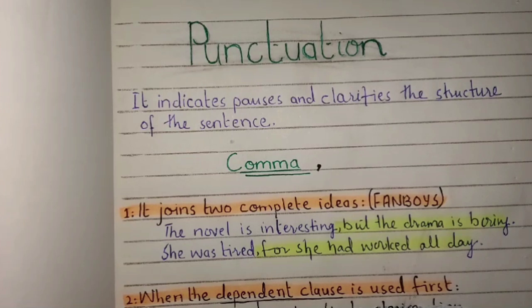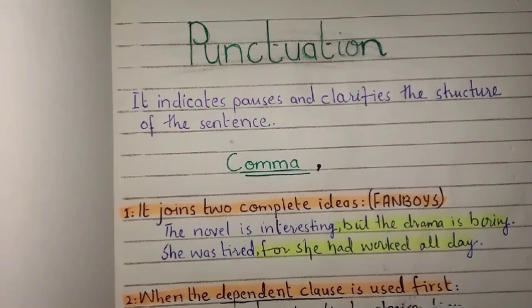This is our second independent clause. Okay, now these both independent clauses are joined together with the help of conjunction, and just before conjunction we have to add comma. Okay, the second example is that she was tired, again comma, for she had worked all day.